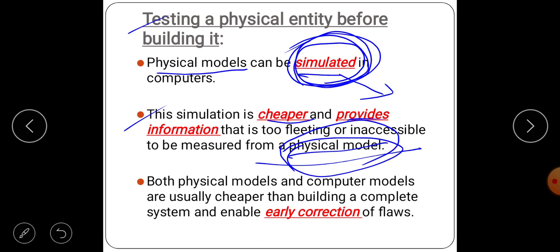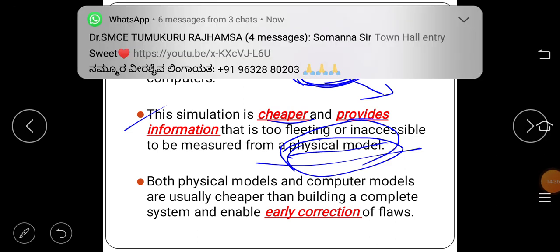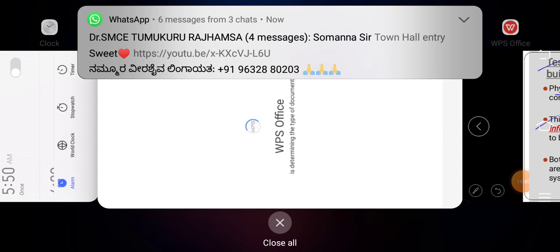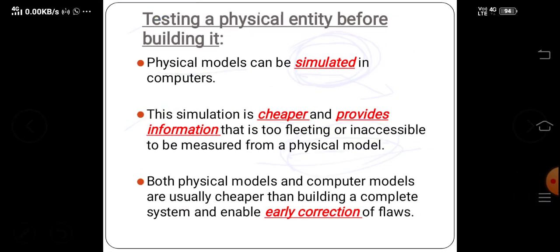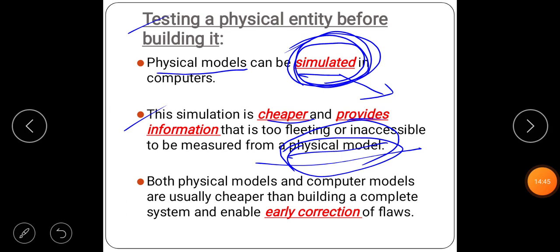It is going to need more money, and it is a very high budget. So before we create a real one, we are going to build a simulated product because it is cheaper and provides information that is too fleeting or inaccessible to be measured from the physical model.